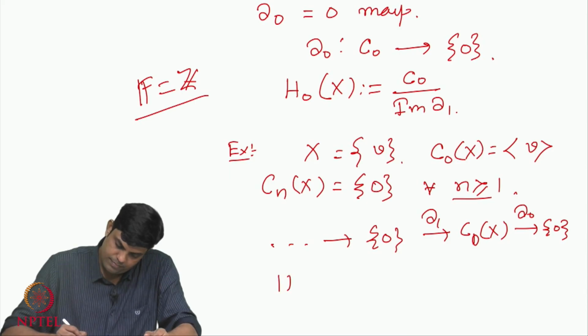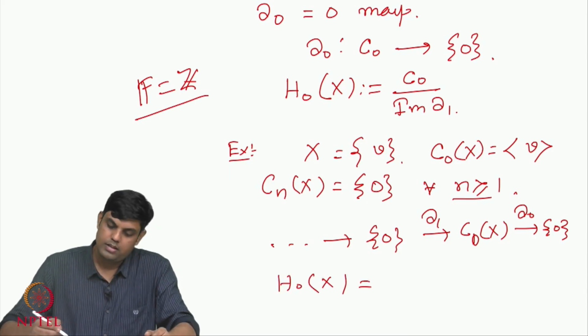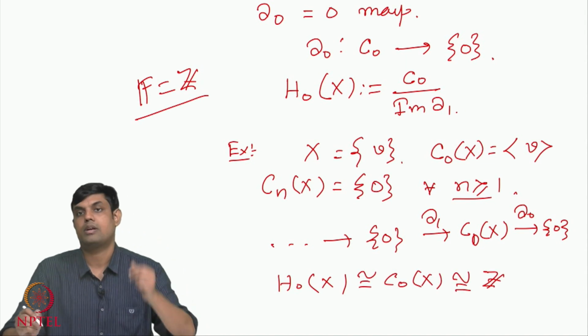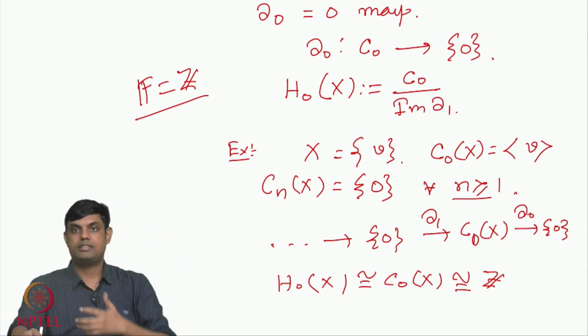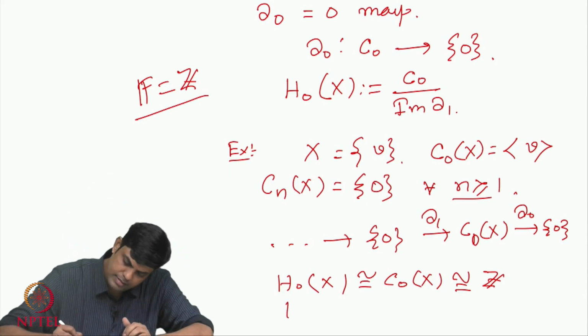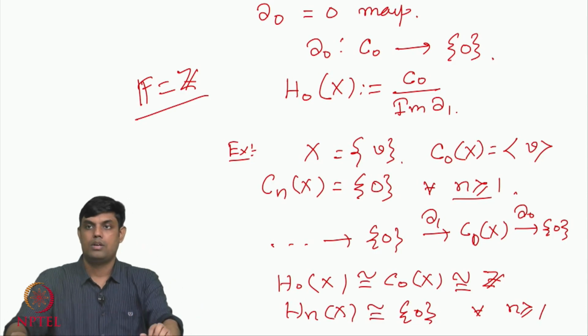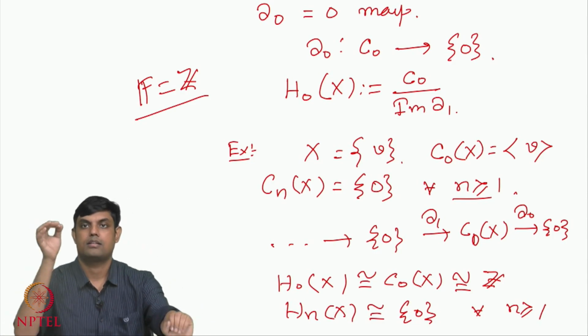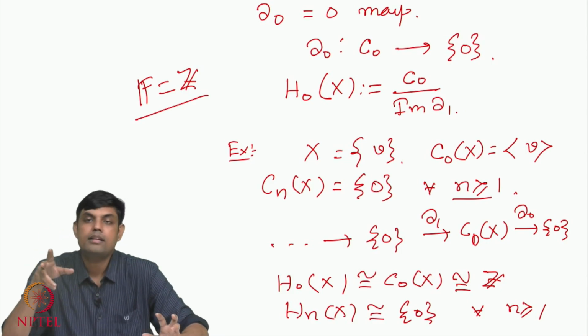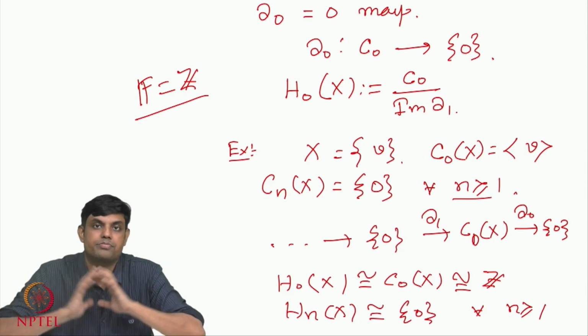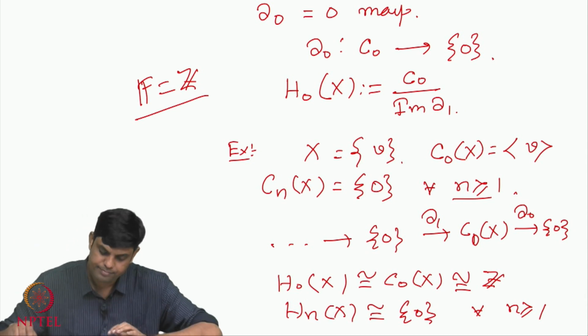So, H_0(X) is isomorphic to C_0(X), which is an abelian group generated by one element, which is Z, and everything else is isomorphic to 0. So, if I take a point, then its 0th homology group is isomorphic to Z and every other homology group is 0.